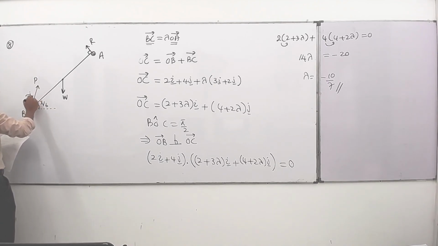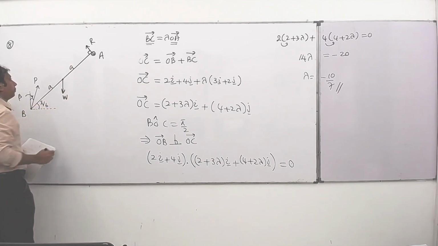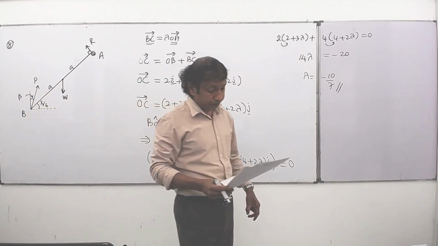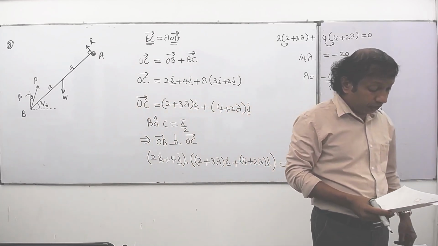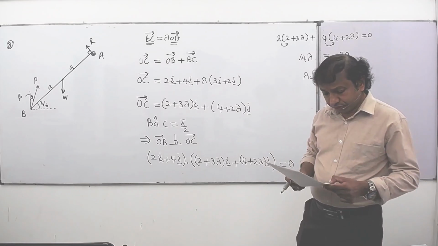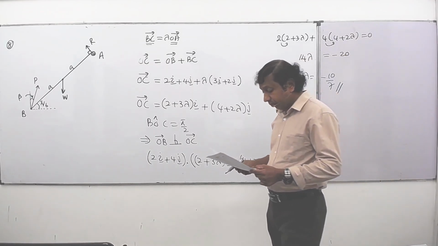This angle is given as beta. I'll assume the length of the rod is 2A. It's a uniform rod, center of gravity at the midpoint. Now, we are asked to show tan beta equals root 3 by 5.